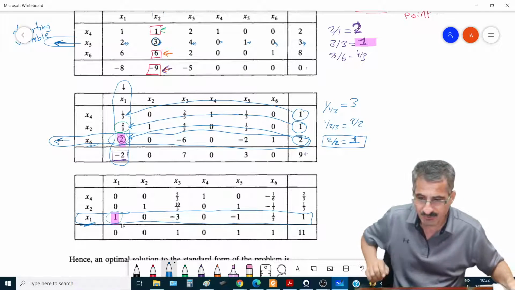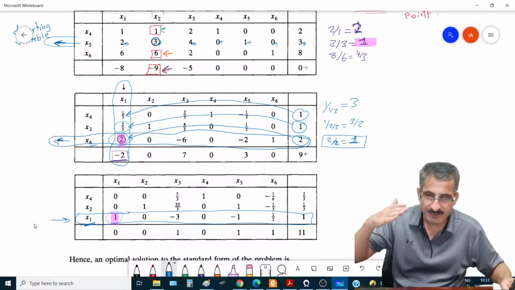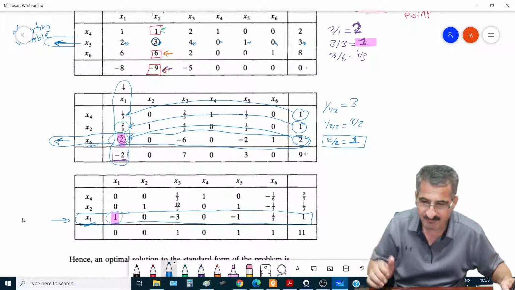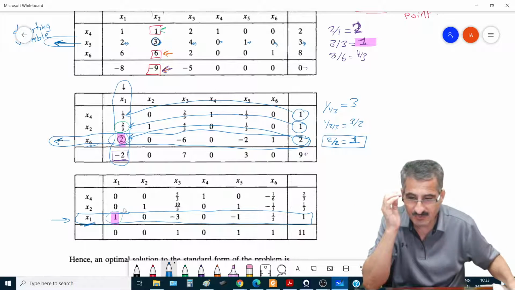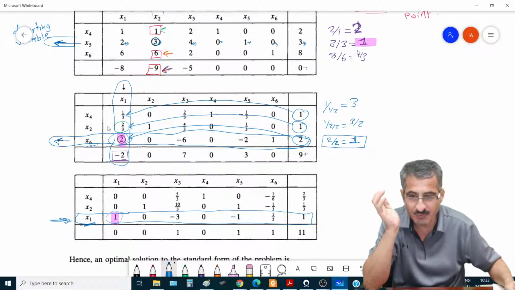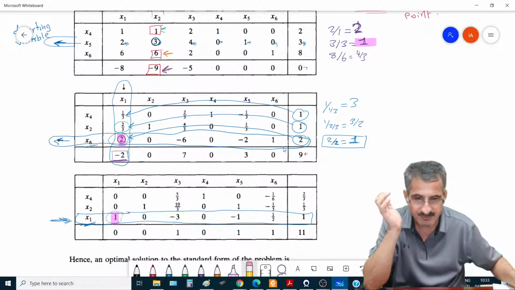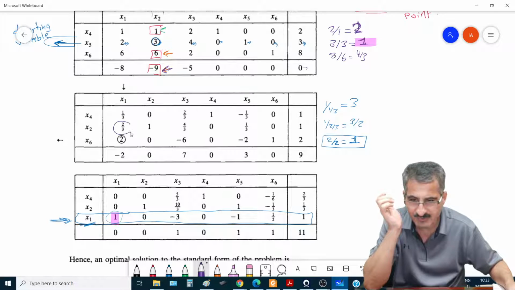Okay, now use this new row below here to make the entries above it zeros, which means row reduction. So I multiply this row by negative 2 over 3. So let me clean that. I want to make this 0.